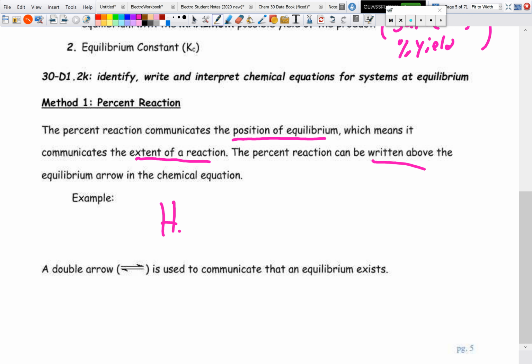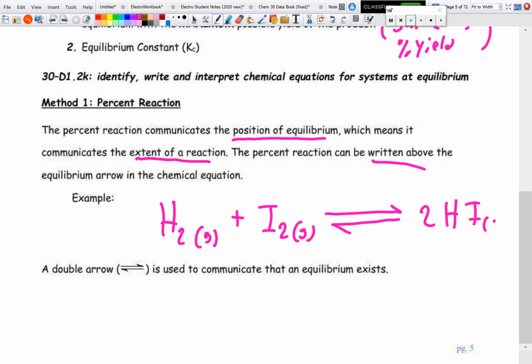So for example, if we go back to one of the previous examples that we already did, where this is in equilibrium, if we wanted to, let's say, communicate that 78% of all the reactants reacted to produce HI, we just write the percentage above the arrow, right? Now, I'm just giving you this percentage. We will find a way to actually solve this as long as we know how much is being produced. We use stoichiometry and stuff like that. But for these here, you're just going to see a number written above the arrow.